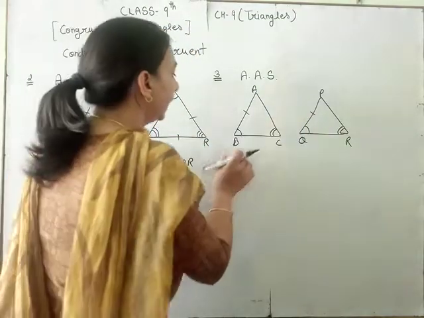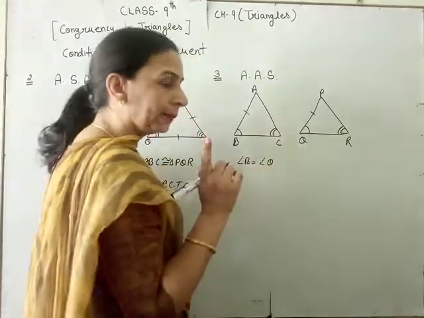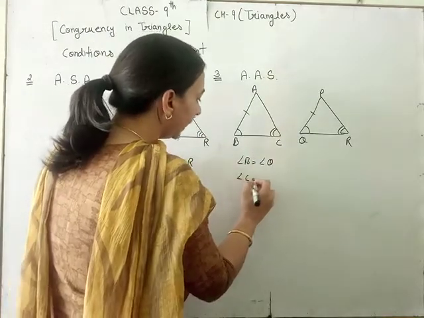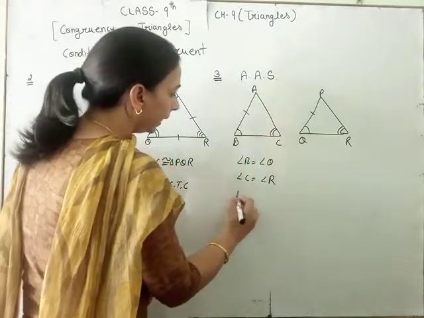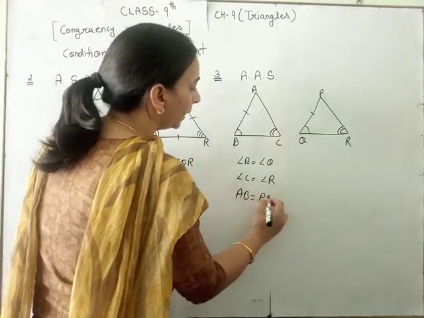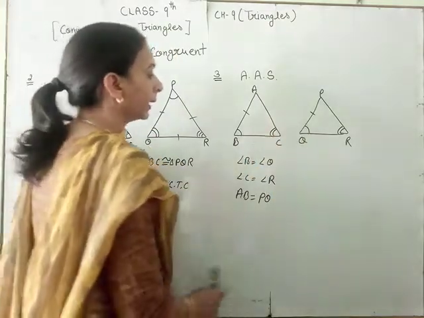Then first, angle B equal to angle Q, one is complete. Next, angle C equal to angle R, second is complete, and third is given, AB equal to PQ. Then three parts are complete, and we say both triangles are congruent.